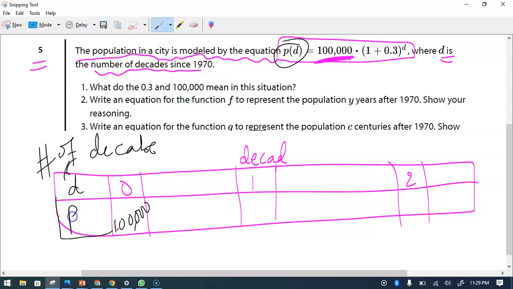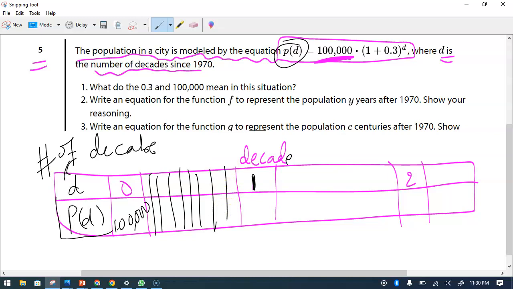So this is the population after so many decades. So now this is 1 decade. In between, there are years, 1, 2, 3, 4, 5, 6, 7, 8, 9, 10, and so on. So the question given is, what does 0.3 stand for?